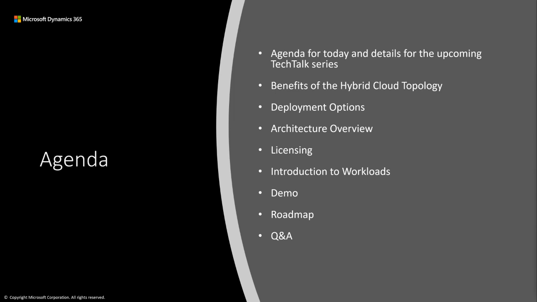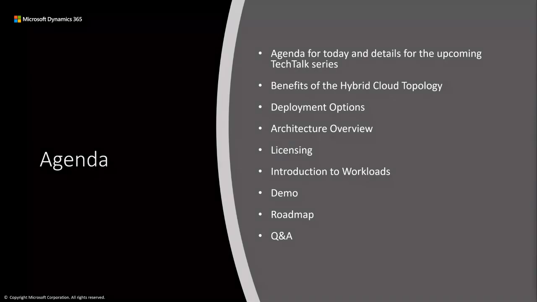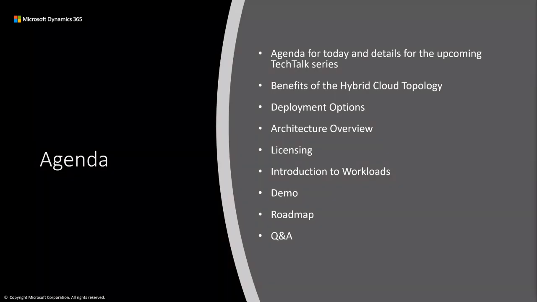Next would be the main benefits of the hybrid cloud topology, deployment options, architectural overview, a brief slide on licensing considerations, introduction to the workloads, a short inbound process demo with this functionality in our test systems, discussion on the upcoming roadmap, and then, as I mentioned, hopefully time for Q&A at the session as well. If everything goes as it did yesterday, we should have 15 to 20 minutes set aside for that Q&A session for everyone.